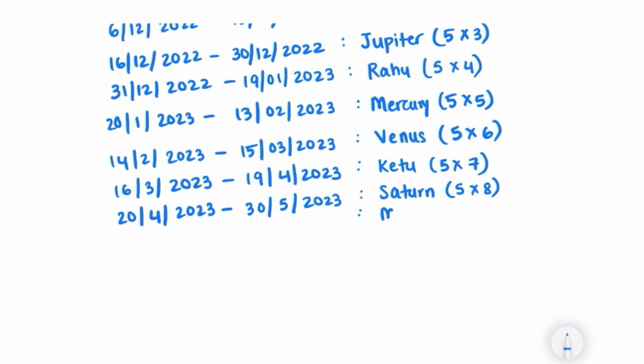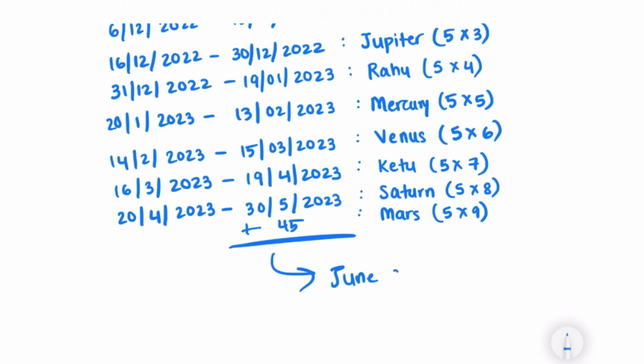And finally, Mars. Okay, and if we add 45 days, because 5 times 9 is 45, if you try to add 45 days to this date, it's gonna go past this person's date of birth, which is June 8th, right?